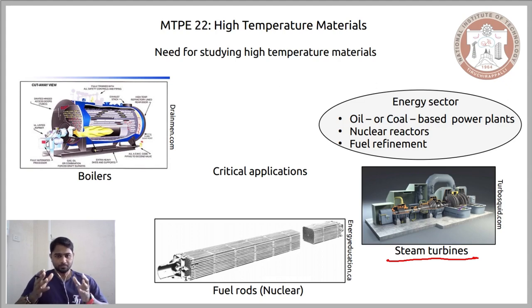Now, these boilers, along with the rods and turbines, in addition to the high temperature they are exposed to, also experience other conditions that might affect their life, and these conditions include both the stress that these materials experience during their operation, and also the corrosive environment that these materials are exposed to during their operation.